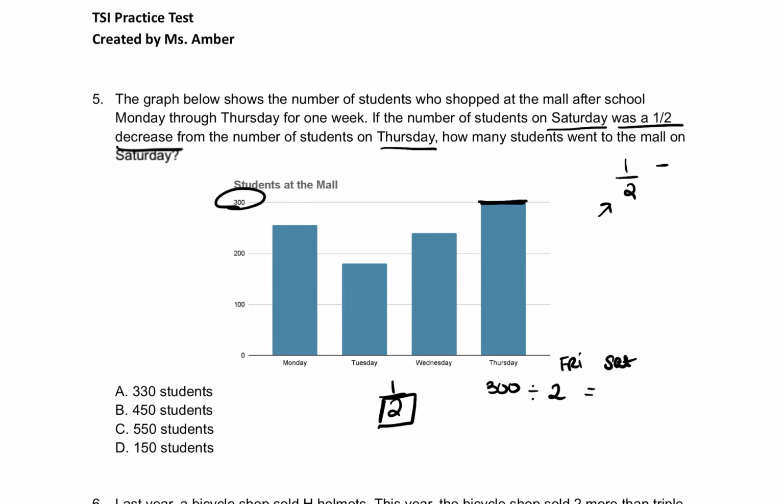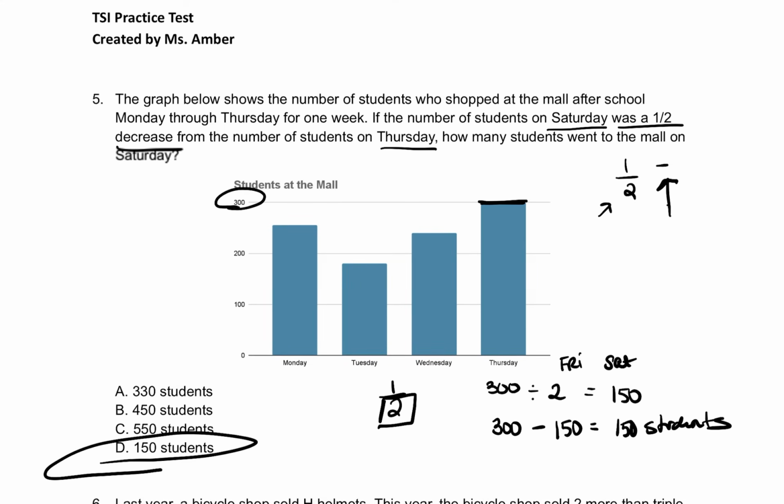So 300 divided by 2 is 150. But we have to remember that instead of adding 150, it's a decrease, so we're going to subtract 150. We take 300, the amount of students on Thursday, and decrease it by 150. There will be 150 students who attended the mall on Saturday. So our answer is going to be D.